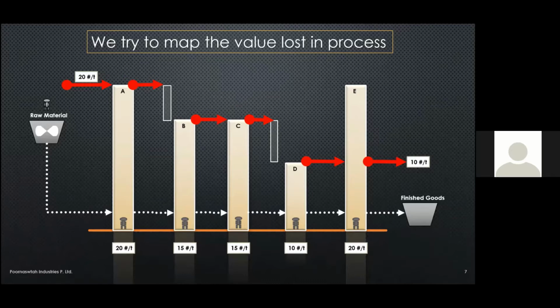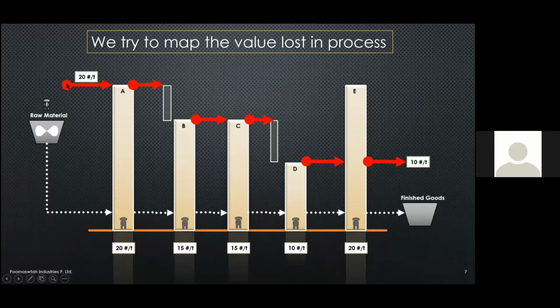I have just taken a simple example of 5 machines, no rocket science: A, B, C, D, E, with 5 different processing capacities. You see 20 units per time, 15 units per time; it can be any unit per any time for that matter, but we are keeping it constant as a unit. So what happens if 20 units per time are pushed into A?